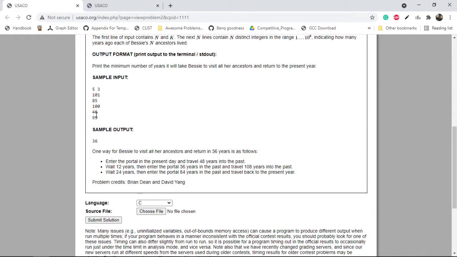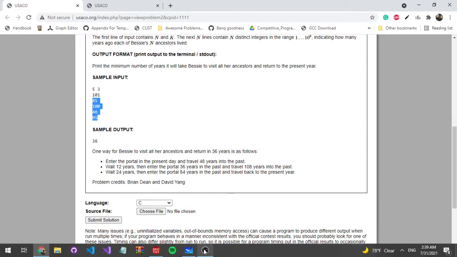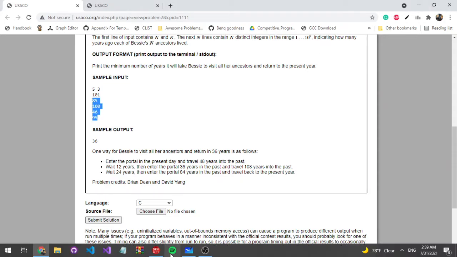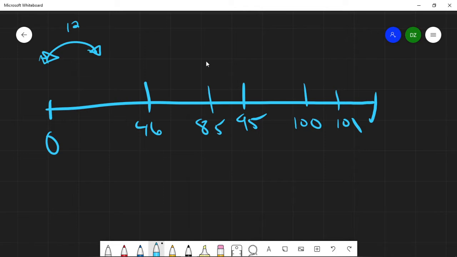So these are all her ancestors. In this case, it would be 46, I think 85, 95, 100, and 101. Let me just check that real quick. Yeah, her goal is to meet them. And how do you meet them?